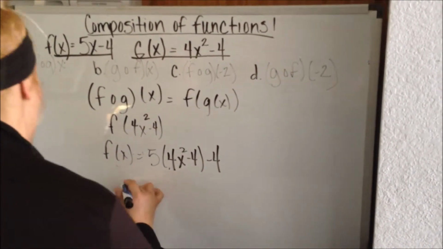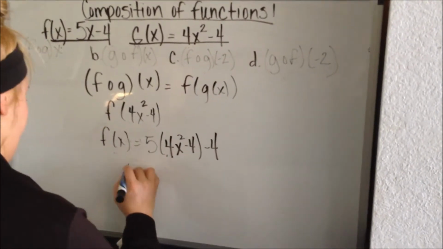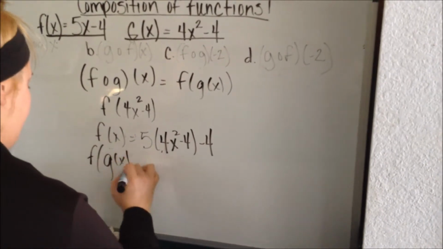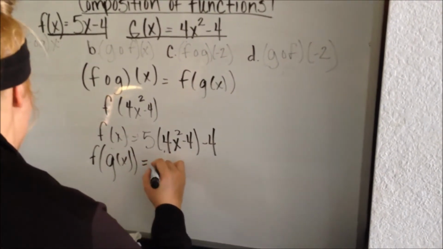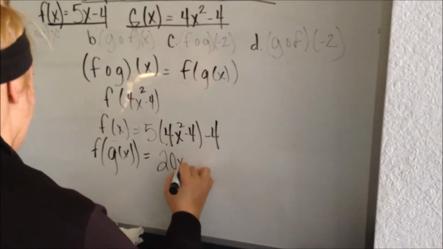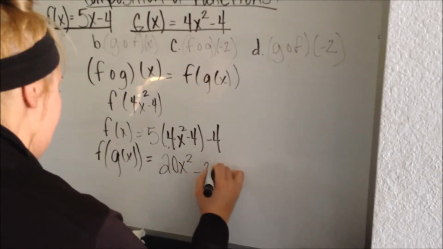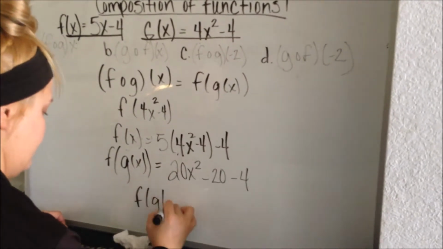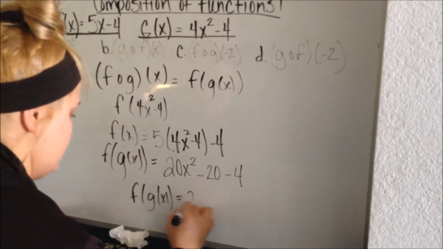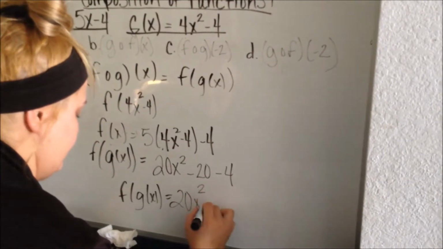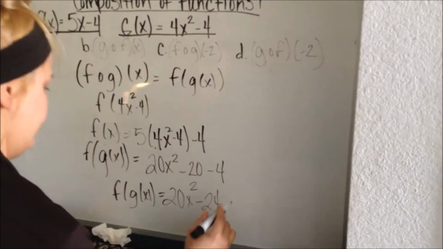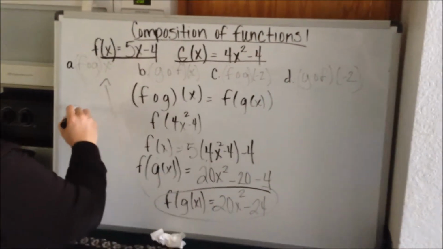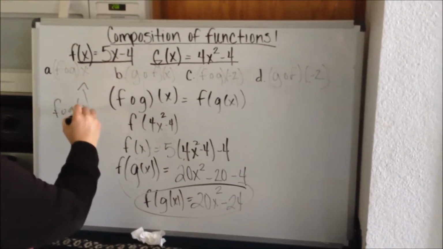So, when we come down, we're going to have f of g of x equals 20x squared minus 20 minus 4. So then f of g of x would equal 20x squared minus 24. And that would be your answer for f of g of x.